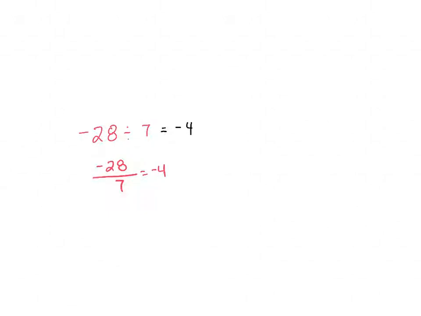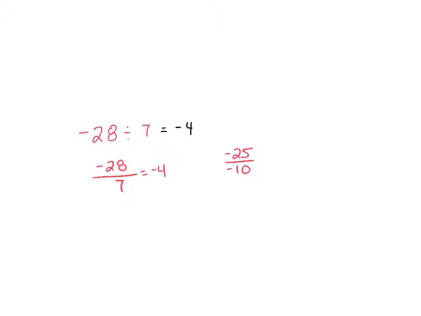But sometimes you might have problems like this one, negative 5 divided by negative 10. When I have a problem like this, it looks like a fraction, and I can do it several ways. One thing I can do is put that fraction in lower terms, and I could divide by 5 over 5.